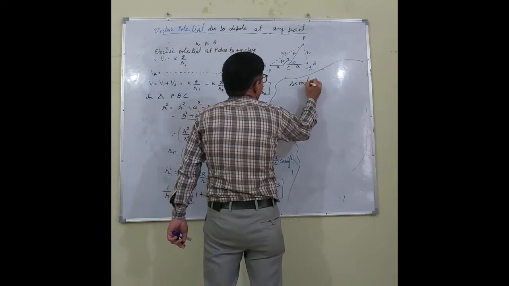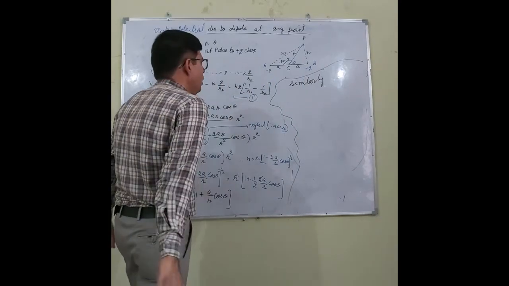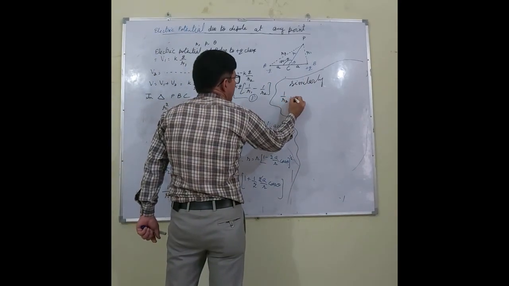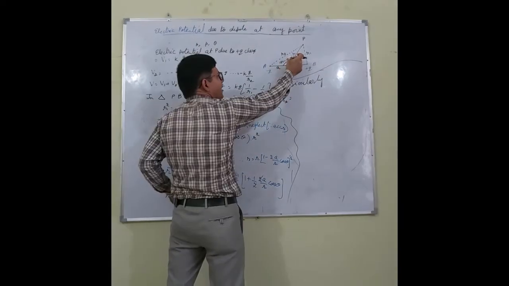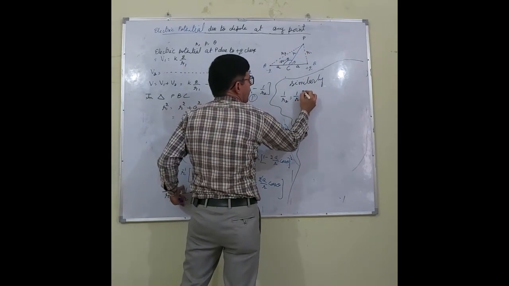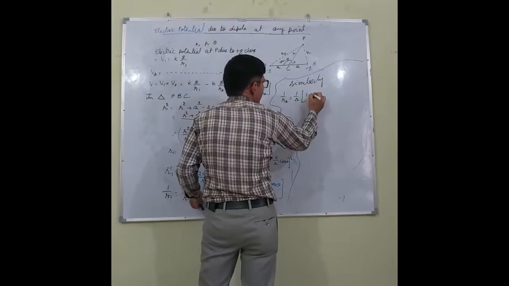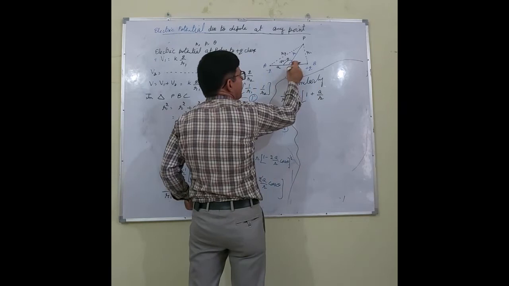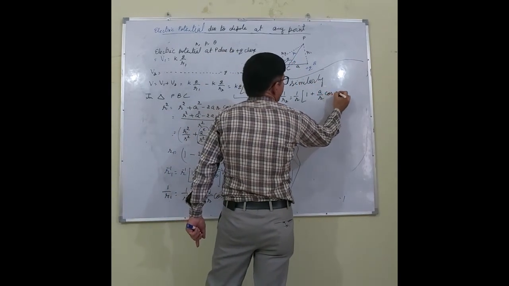Similarly, 1 over R2 will be equal to 1 by R, because R is the same whether this or this, times 1 plus A upon R, where A and R are the same and cos is constant.